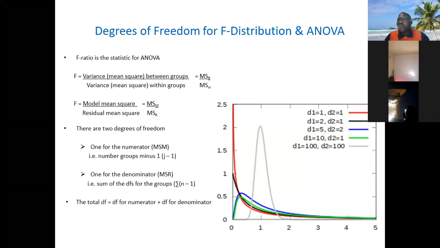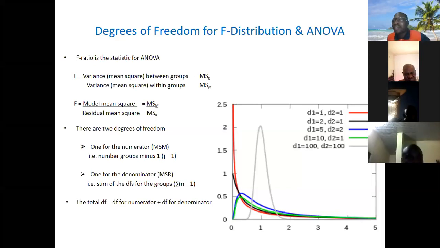You can use F ratio to compare two variances to see if they are the same, that is, to measure homogeneity of variance: the variance of this group over the variance of the other group. Of course, if they are the same, it should give you one. If they are not the same, it will give you anything other than one, either less than one or greater than one. So that's one use of the F ratio.